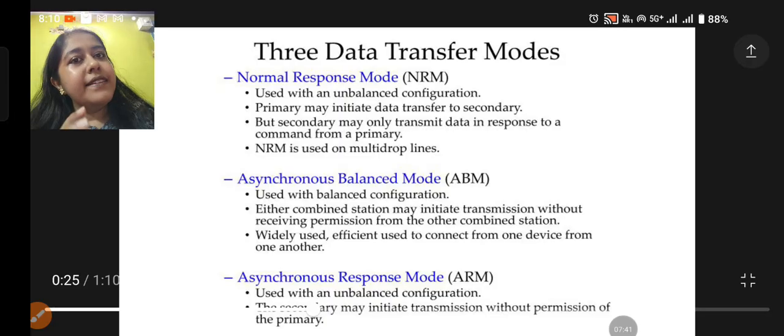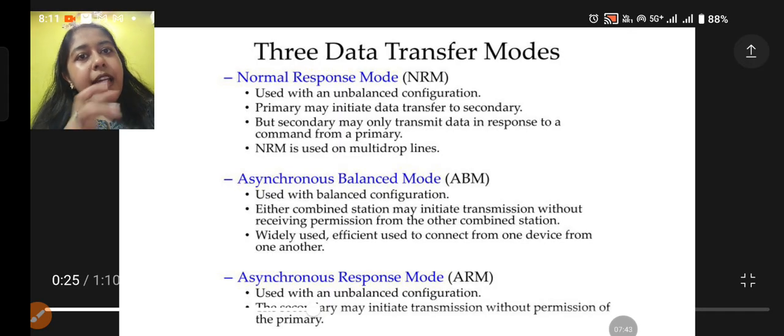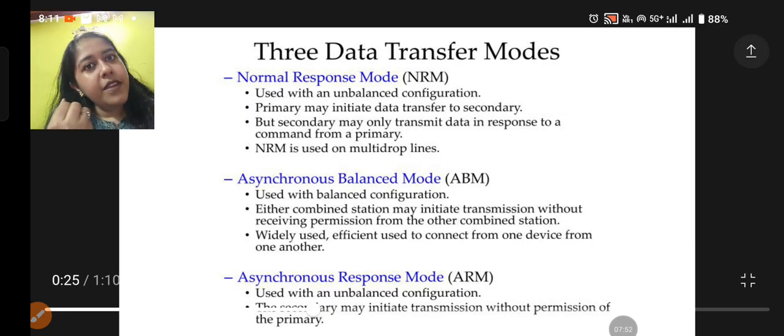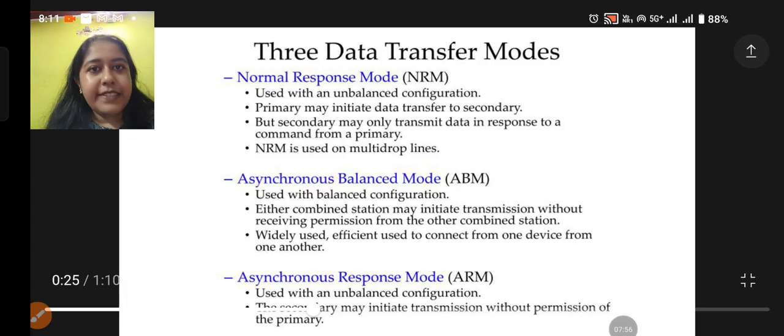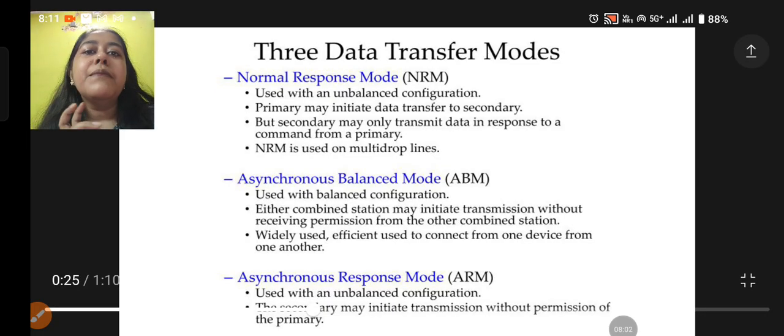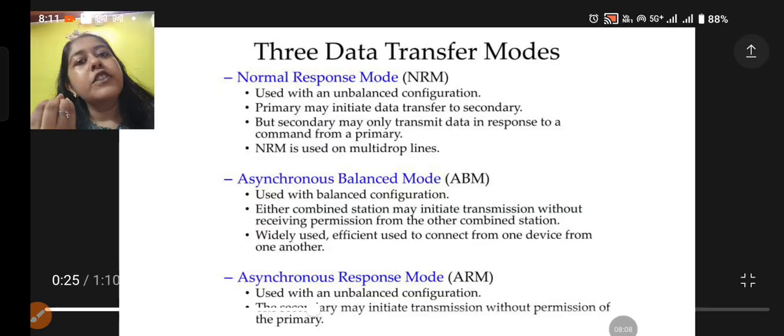So NRM is used on multi-drop lines. At that particular time this NRM, your normal response mode, is being used.